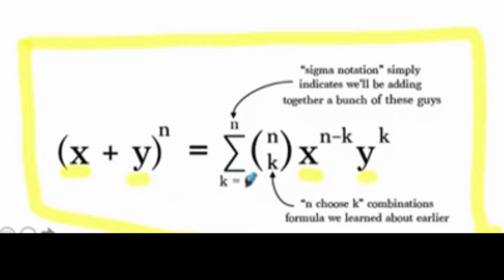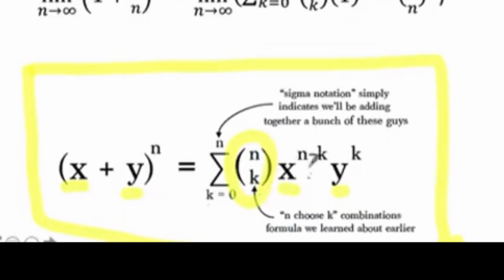But k is from 0 to n, so it's iterating from 0 to n. And this coefficient part is the combination formula. We interpret this as n choose k, or the combination of n objects taken k at a time.